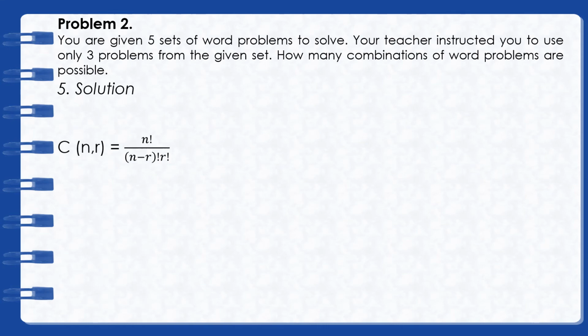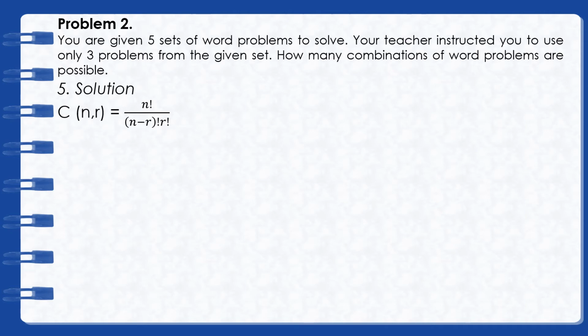So again, we use here the combination formula, which is combination of n taken r is equal to n factorial divided by the difference of n and r factorial multiplied by r factorial. So by substitution, the value of n here is 5 and the value of r is 3.